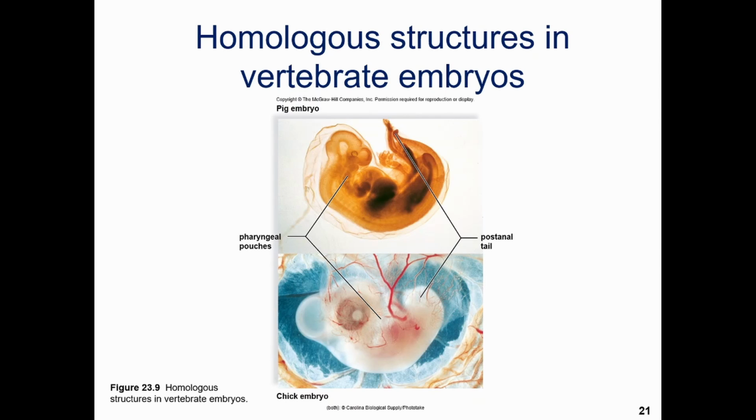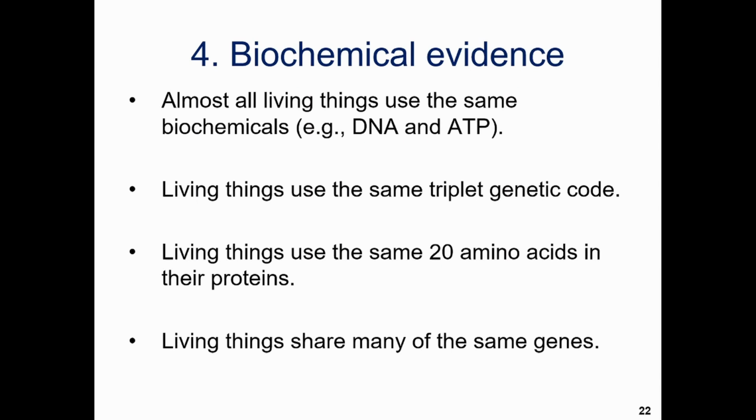Those similarities tell us that there is some sort of evolutionary relationship there, that these early structures started off in a common ancestor, and then as we diverged and became different species, we simply modified those structures during the developmental process.